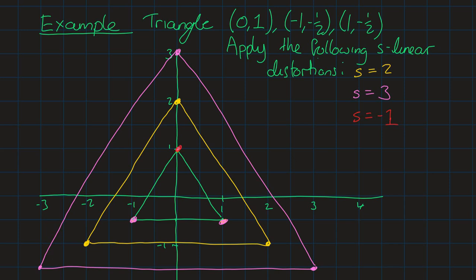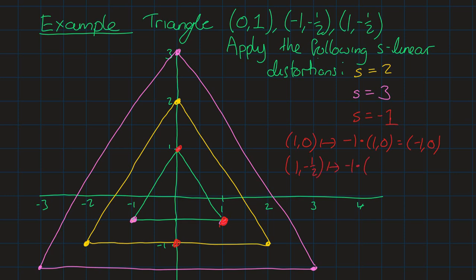And lastly, how about s equals -1? So I look at this point here. This point is (1, 0), and that's going to get mapped to -1 times (1, 0), which is (-1, 0), which is this point down here. This point here is (1, -1/2).